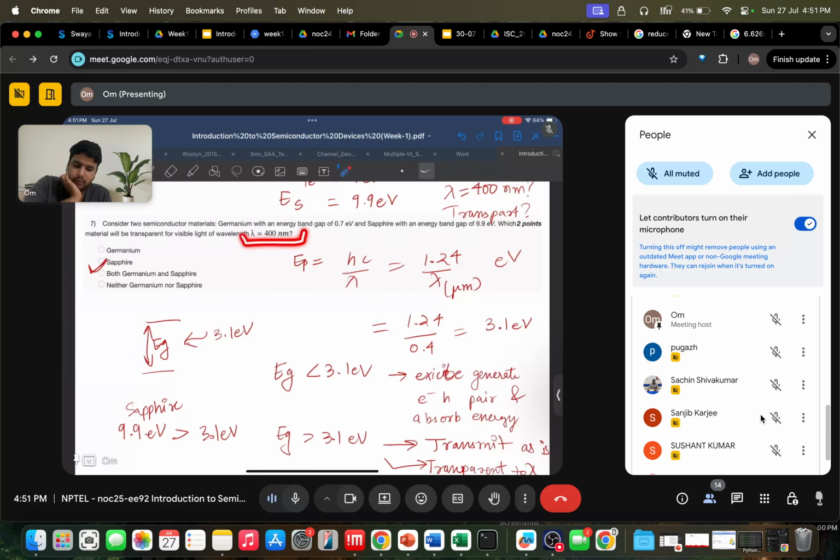Sapphire would not absorb only this particular wavelength, so don't confuse it as representing the entire spectrum with everything transparent. It's not the case.